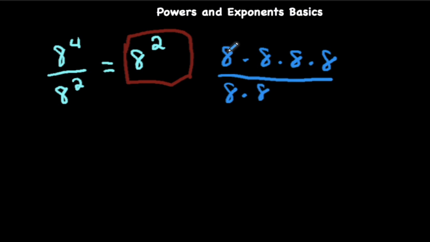So all you're going to do is cancel out ones. So what I mean is that 8 divided by 8 we know is 1. 8 divided by 8 is 1. Okay, so we don't need these. So we're left with 2 extra 8s. Okay, so that's why this works.